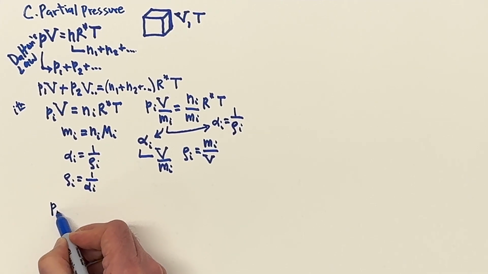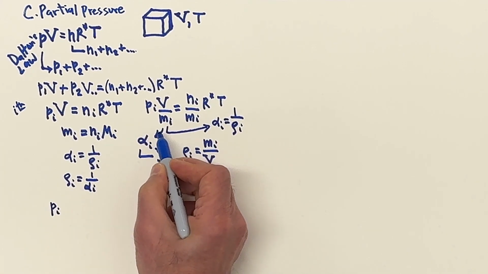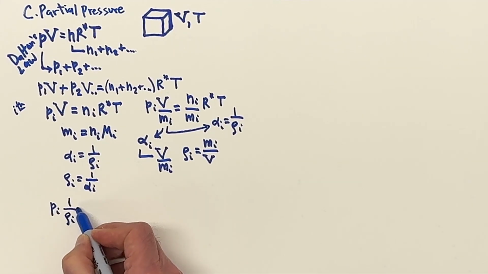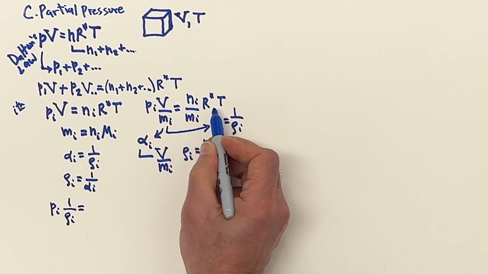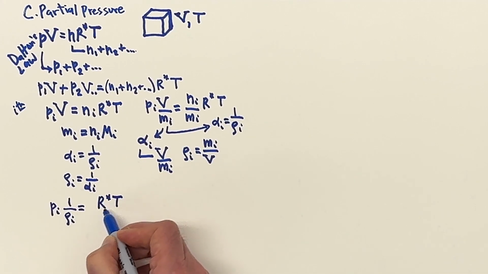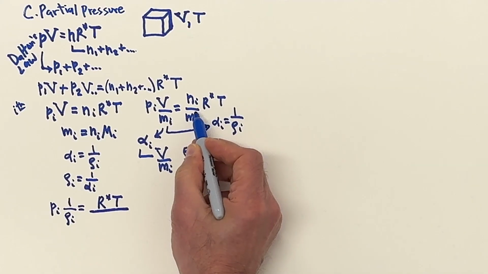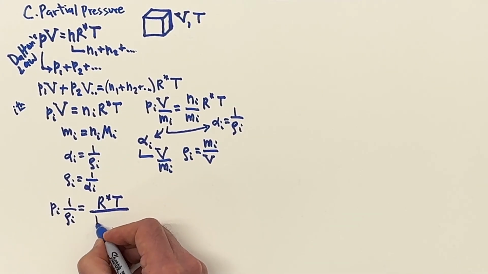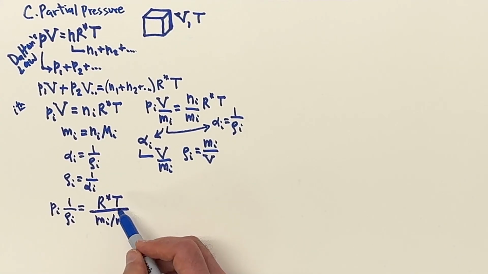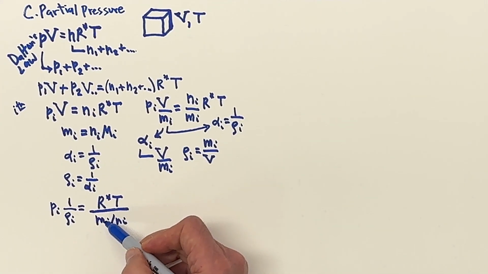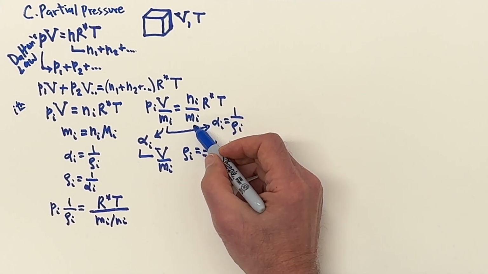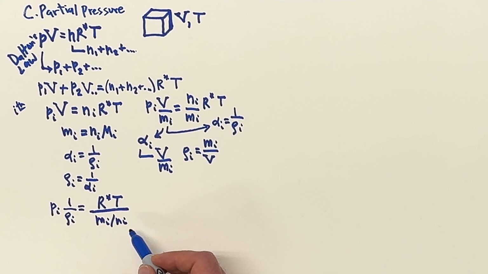So Pi times the alpha i, but I'm going to write it as 1 over rho i, is equal to, on the right-hand side, I'm going to write the R star and T in the numerator, and I'm going to write the flip of this in the denominator, mi divided by ni. So now, when you divide by mi over ni, you flip it, and we'll have ni over mi. So we have this equation.